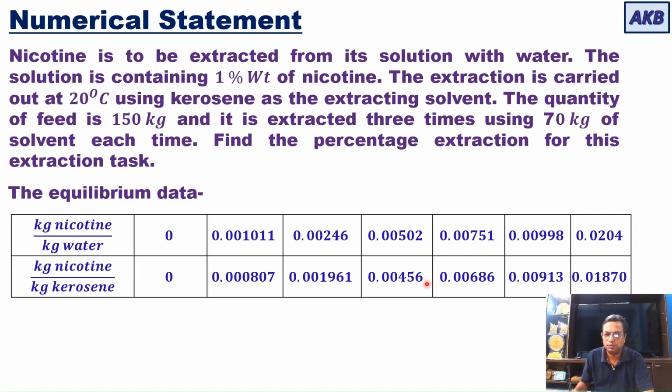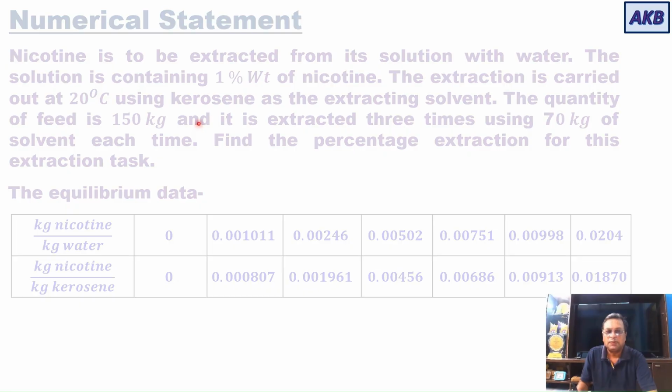The corresponding values in this table are in equilibrium with each other. And we are going to use this equilibrium data to find out the percentage extraction. So let us start the solution.